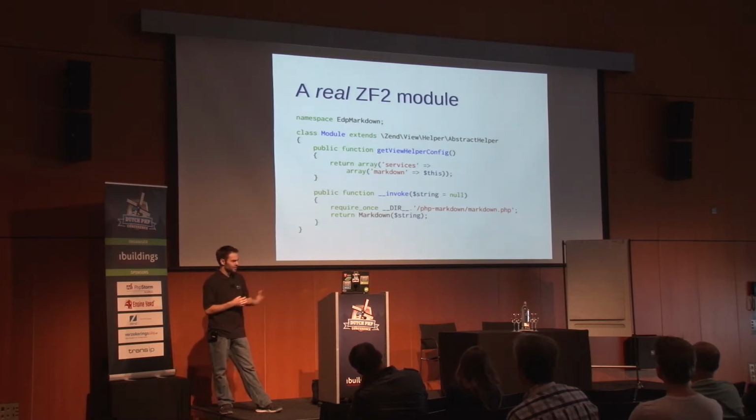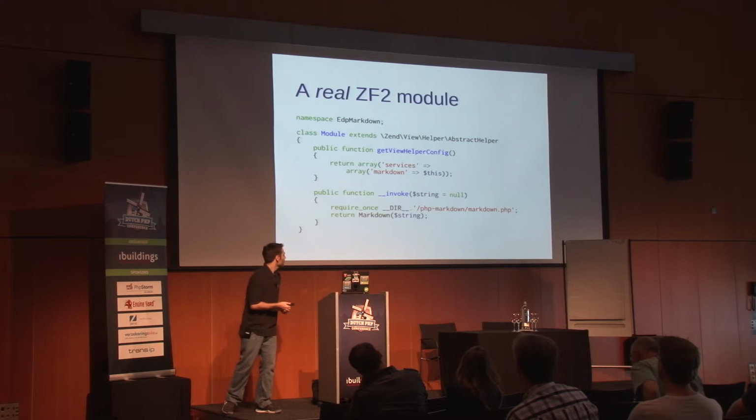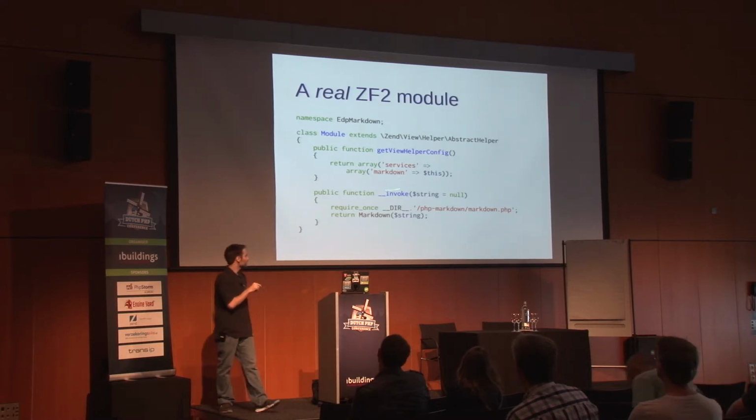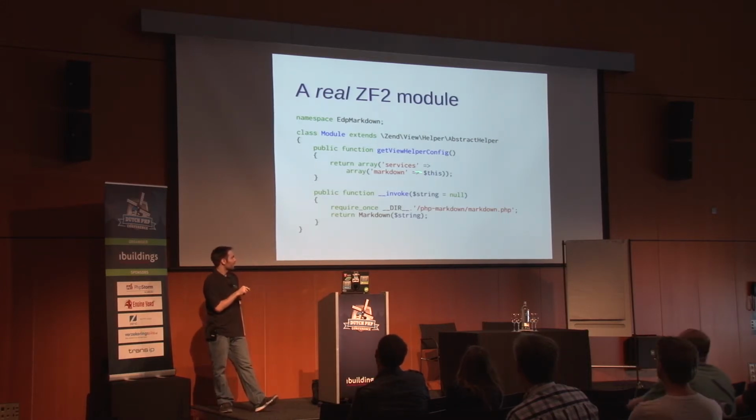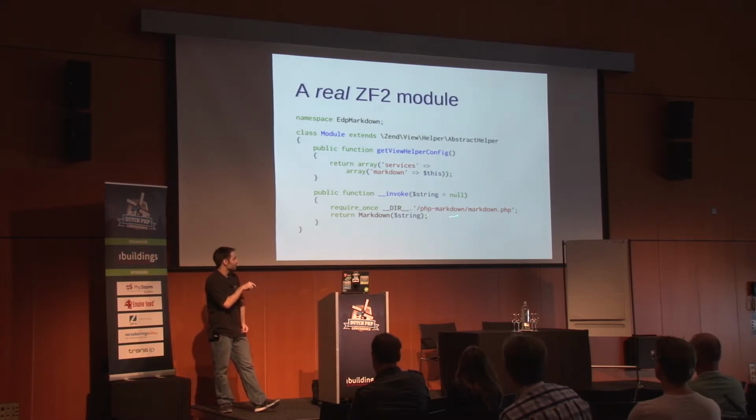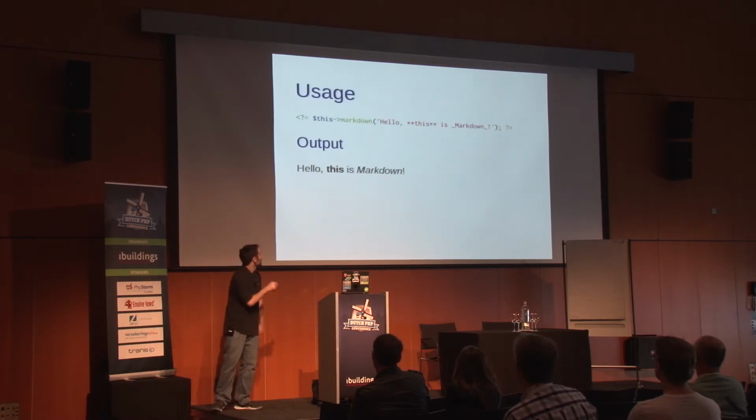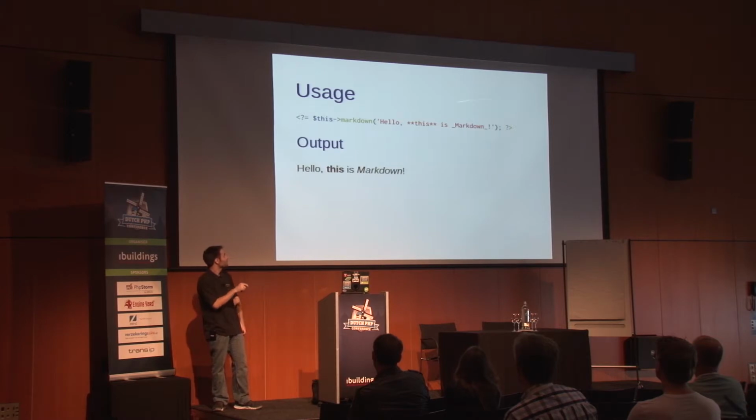And there are a few functions like this, we'll talk about them, that the framework will actually look for to see if you've defined in your module class. And it'll take the return value and it will register, in this case, a view helper called Markdown, and it's registering the instance of this as that view helper. And then you have the __invoke string, which is using the PHP Markdown library to actually render out the Markdown. And this is what it might look like. You just, in your view script, call this Markdown, and that's it.